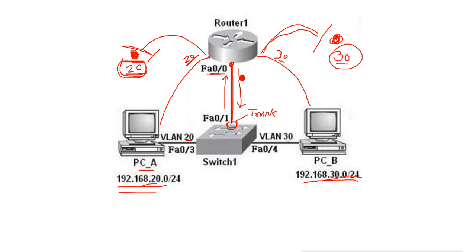So when the data goes out from this router through this logical interface, it will have a VLAN tag of 30. When the switch receives the data on the same port, it will check the VLAN ID. If it is 30, it will send it to this side, and if it is 20, it will send it to this side.